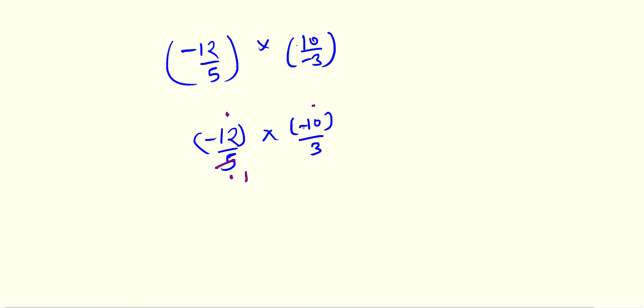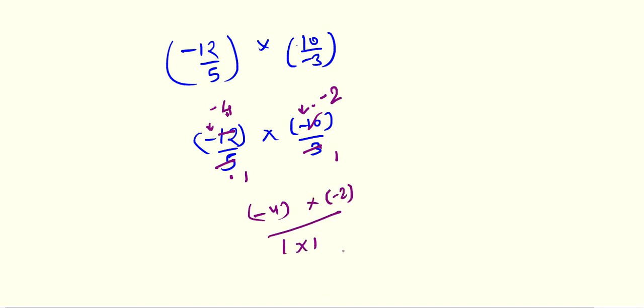So 5 ones are 5, 5 twos are 10, but the negative sign is here, so minus 2. 3 ones are 3, 3 fours are 12, negative sign is here, so minus 4. Now minus 4 into minus 2 upon 1 into 1. Minus into minus is plus, and 4 twos are 8. So 8 upon 1, and 1 one is 1, so only 8 you can write. This is your answer. Okay.